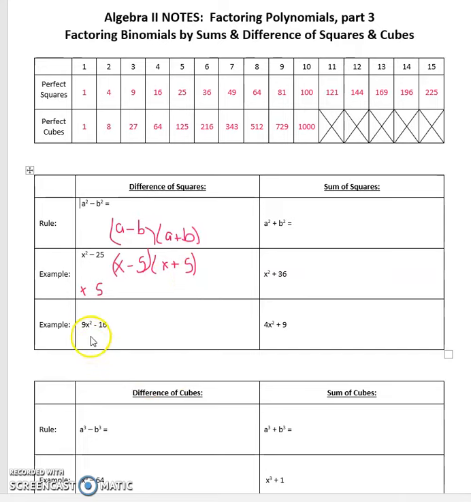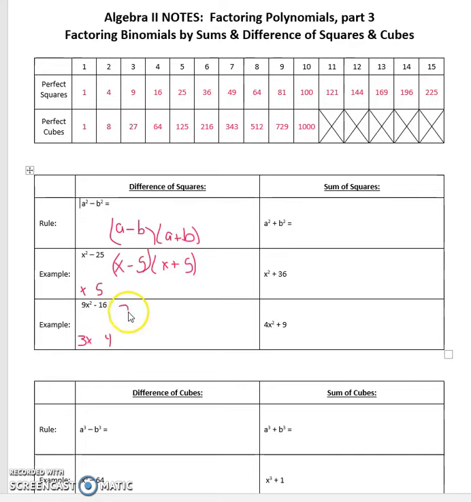Okay, let's do another example. 9x squared minus 16. Some of you might think a is 9x, but no, a squared includes the 9. So it's the square root of 9, which is 3. So a is going to be 3x. And then the square root of 16 is 4, so b is 4.